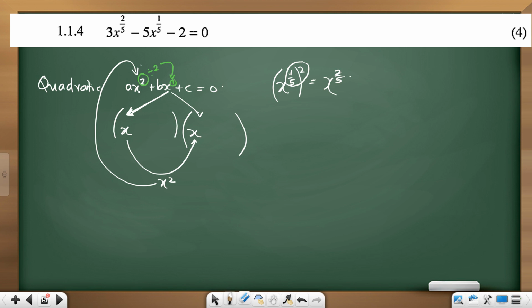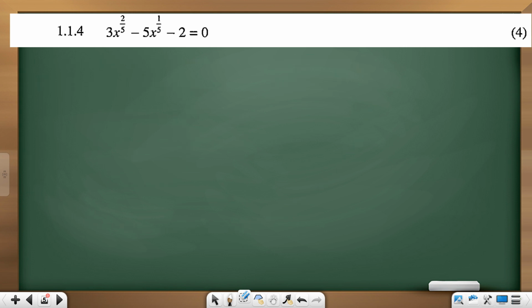All right, so let me do this in 2 ways. I'm cleaning this because I need my space. Somebody would say, let k be equal to x to the power 1 over 5. That's your focus. Now, if you check, my 3x to the power 2 over 5 can be written as 3 times x to the power 1 over 5, all squared, because 1 over 5 squared is the same as 2 over 5.